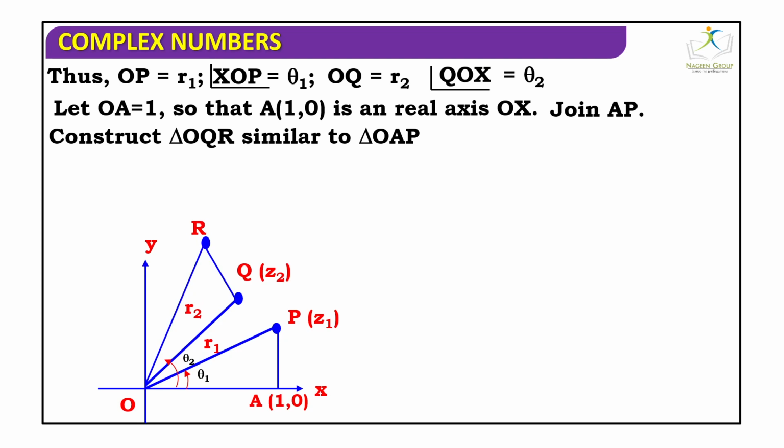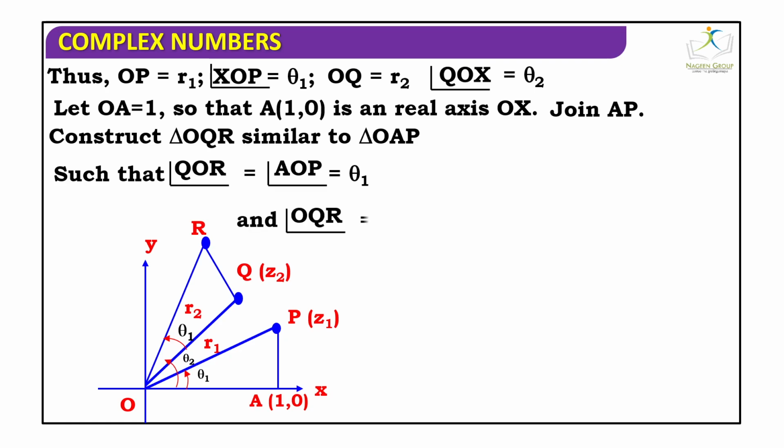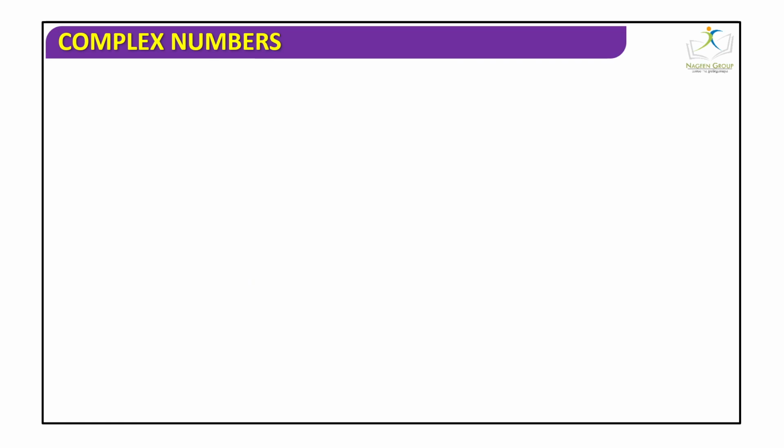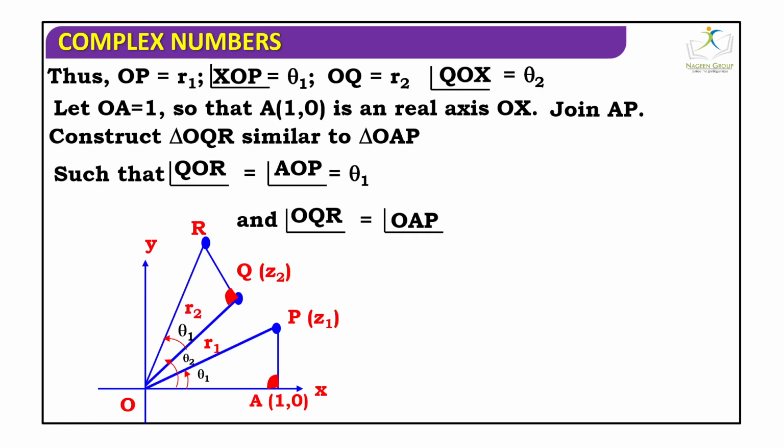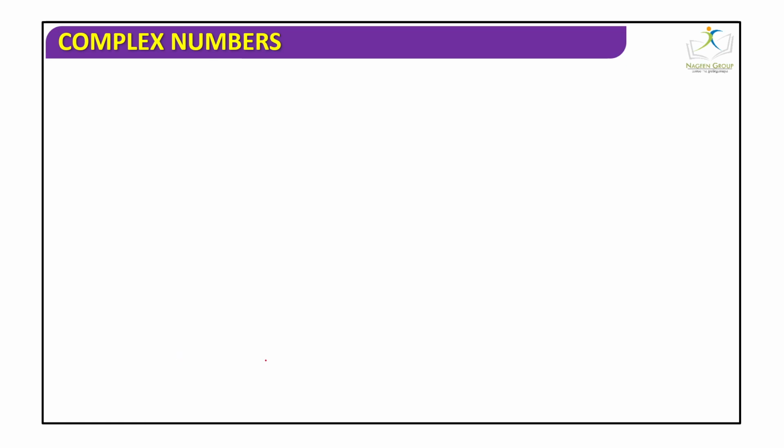We have another triangle OQR such that angle QOR is equal to angle AOP, meaning the angle will be the same. So this one is also theta 1, and angle OQR equals angle OAP. So this angle is equal to this angle.